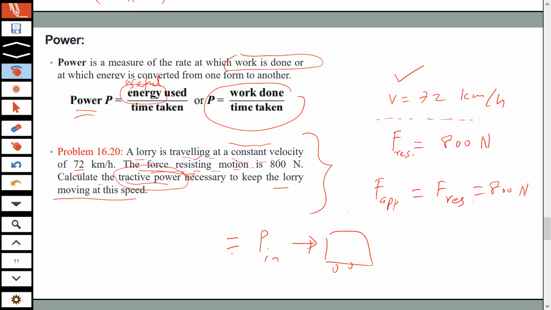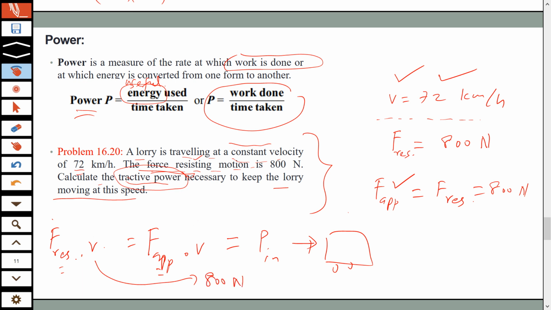That input power is applied force times velocity. Because applied force is equal to resistive force in magnitude, and it's the same speed, we just take the speeds.